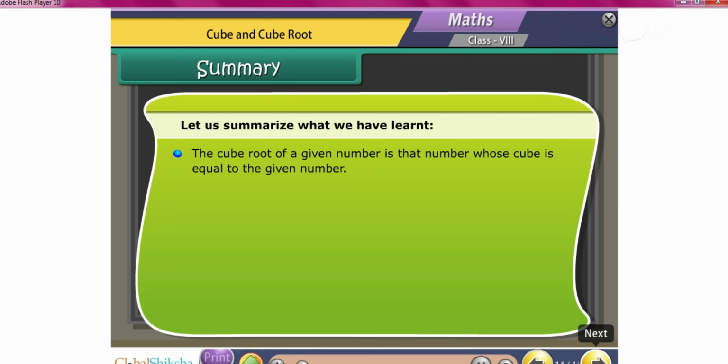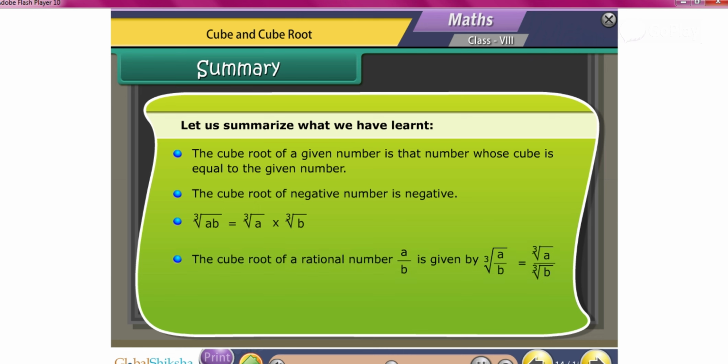The cube root of a given number is that number whose cube is equal to the given number. The cube root of a negative number is negative. Cube root ab is equal to cube root a into cube root b. The cube root of a rational number a upon b is given by cube root a upon b is equal to cube root a upon cube root b.